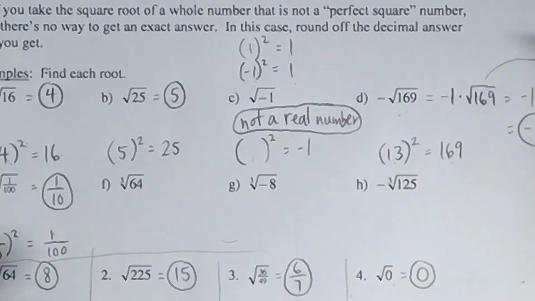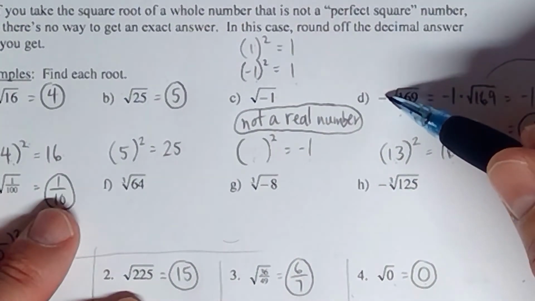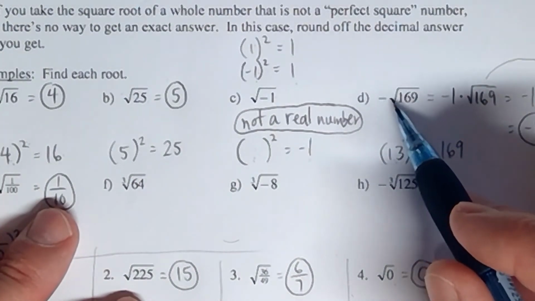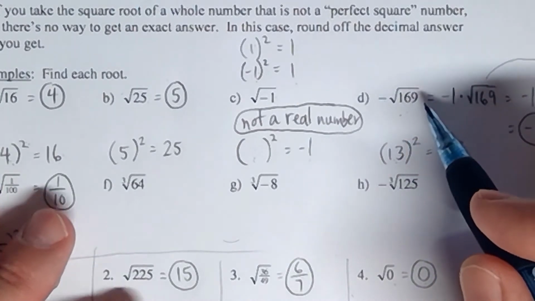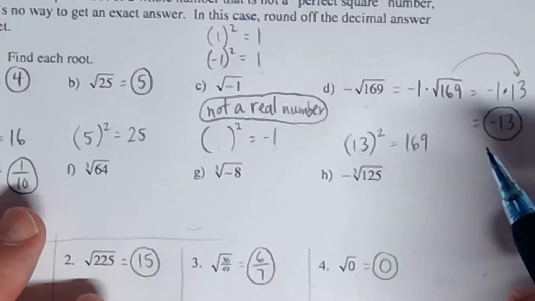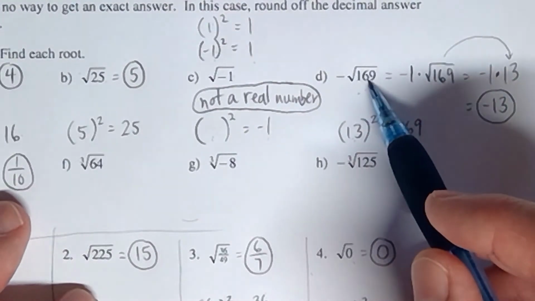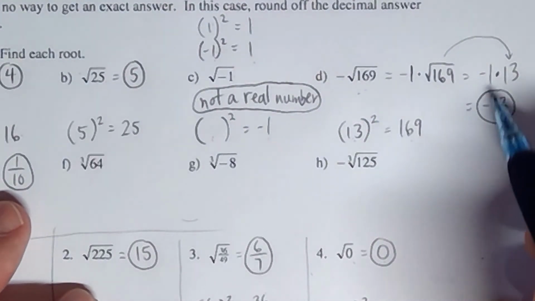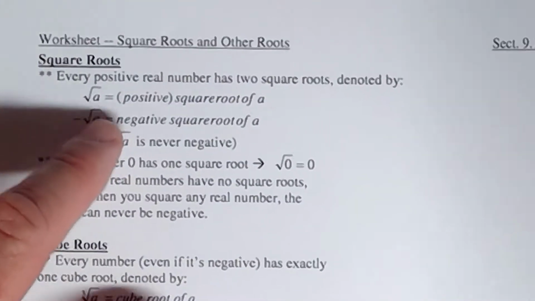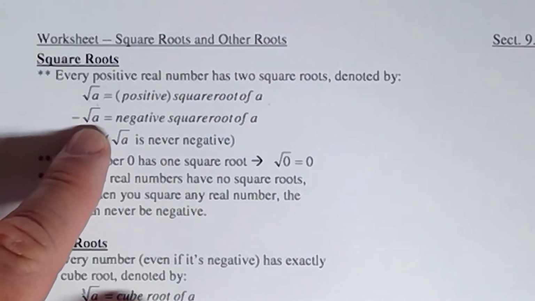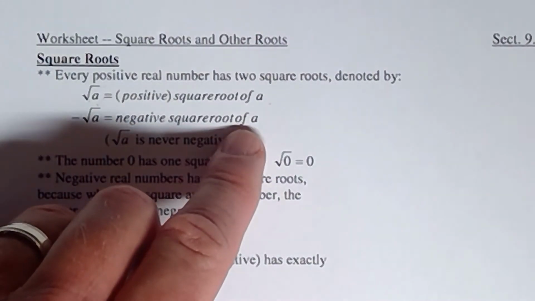But the -1 times the square root, okay, that actually comes out to be a negative answer, since the square root is supposed to be positive, but then you multiply by -1, it's always going to be negative. And that's the reason why when it's written like that with the negative in front and then the radical, we call that the negative square root.